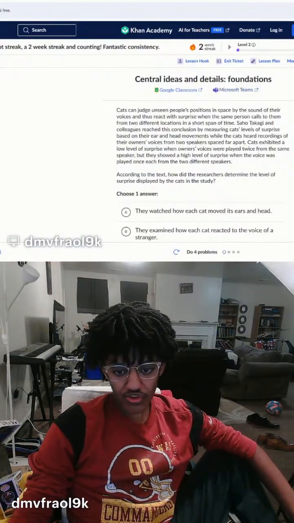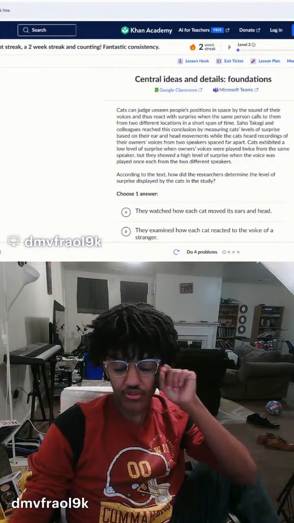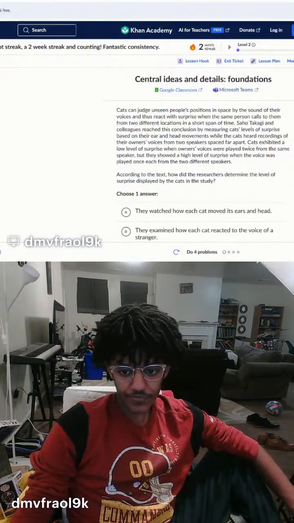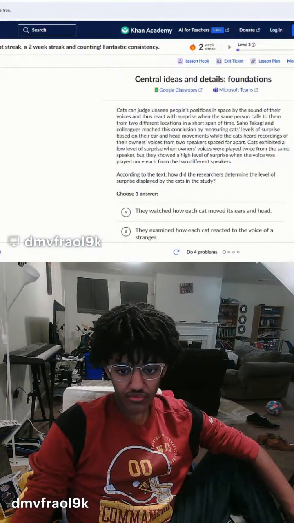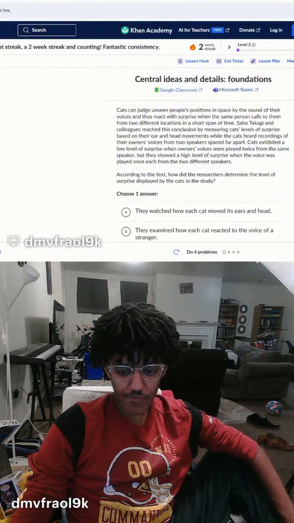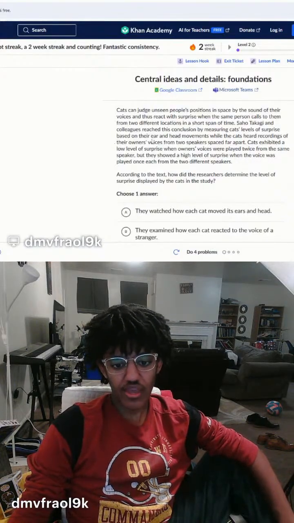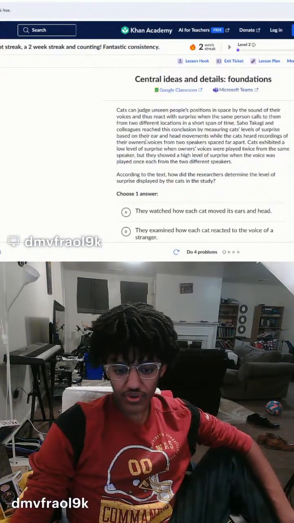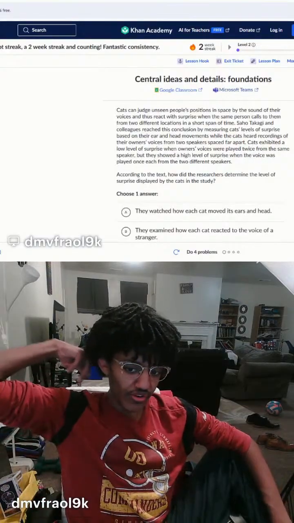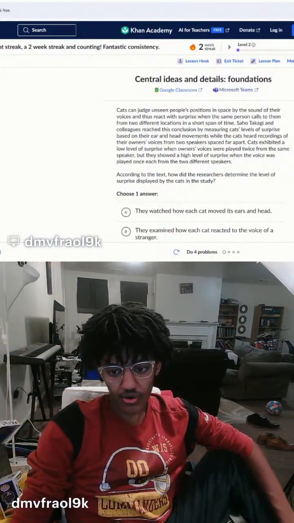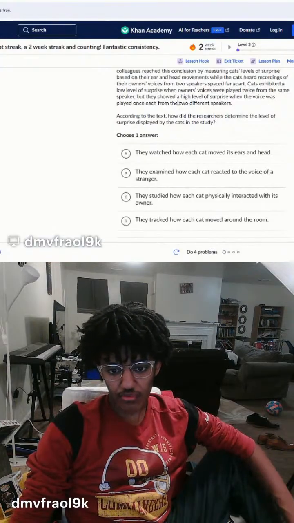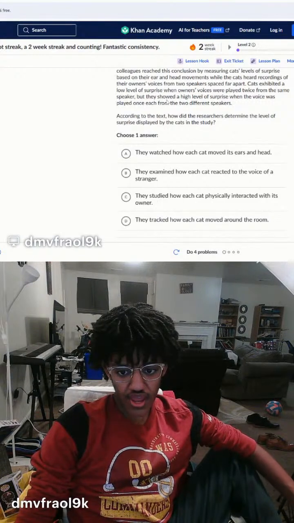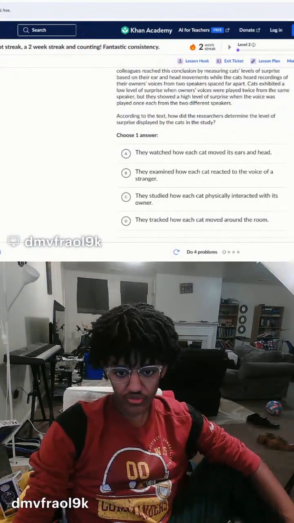They react with surprise when the same person calls to them from two different locations in a short span of time. Saito and colleagues reached this conclusion by measuring cats' levels of surprise based on their ear and head movement while the cats heard recordings of their owners' voices from two speakers spaced apart. Cats exhibited a low level of surprise when the owner's voice was played twice from the same speaker, but a high level of surprise when the voice was played once from each speaker.